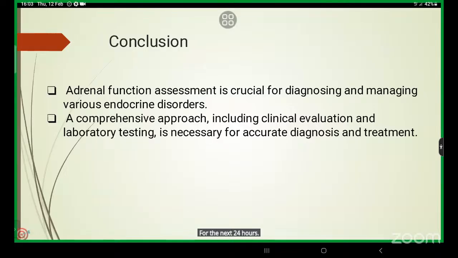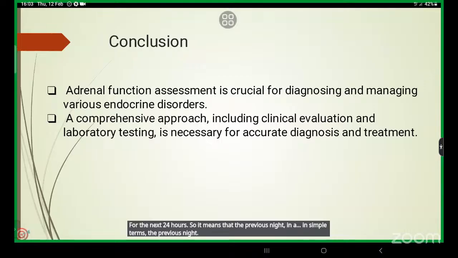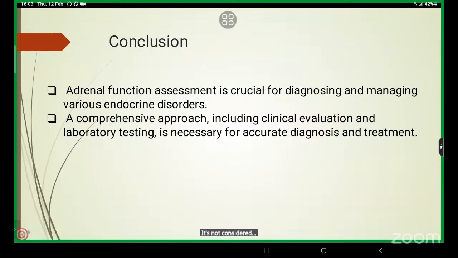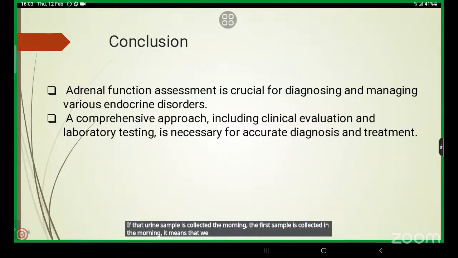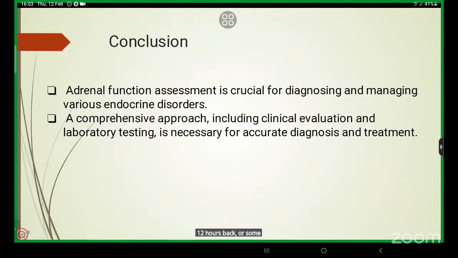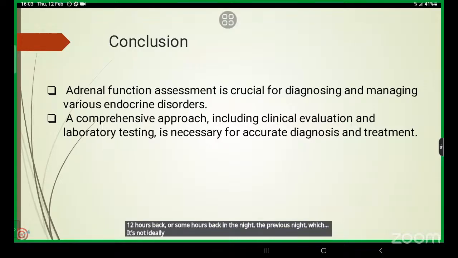So, in simple terms, the previous night is not considered in analysis. Now we are beginning the analysis in the morning. If the first sample is collected in the morning, it means that we are moving 12 hours back, or some hours back, into the previous night, which is not ideally the time to consider, because that will be over 24 hours.